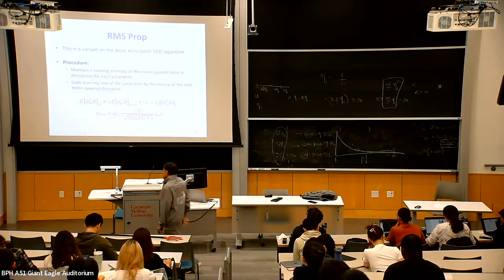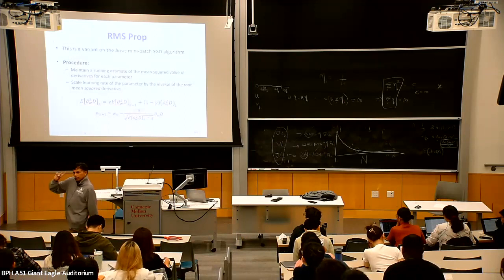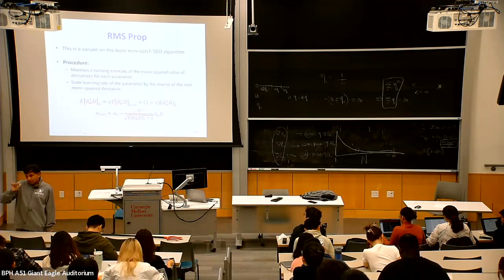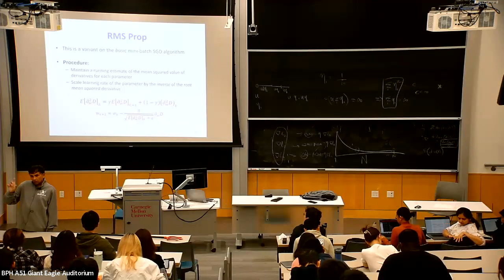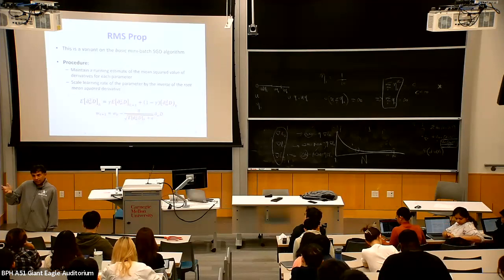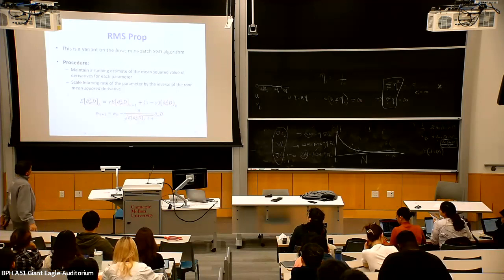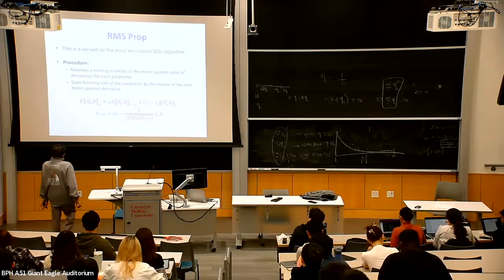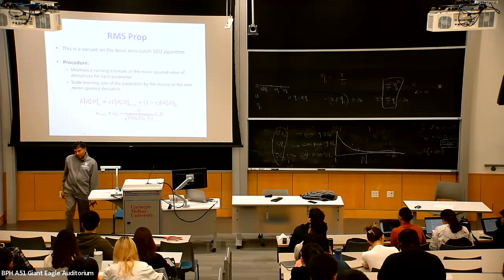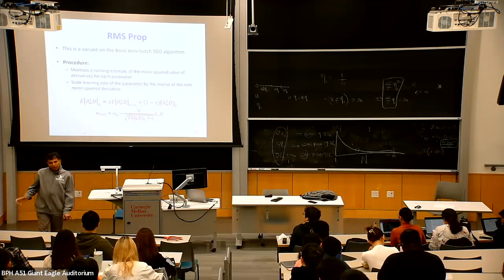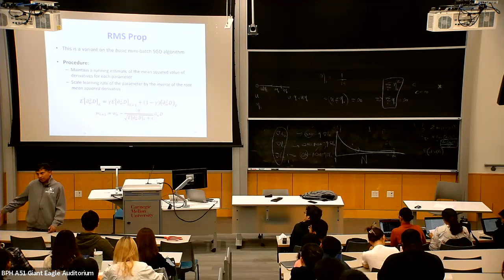And so here's what we will do. In your momentum method, we maintained the running average of the, what did we maintain running average of? Gradient, right? Here I'm going to maintain a running average of the square of the gradient, right? Gamma times the current estimate plus 1 minus gamma times the latest derivative squared.